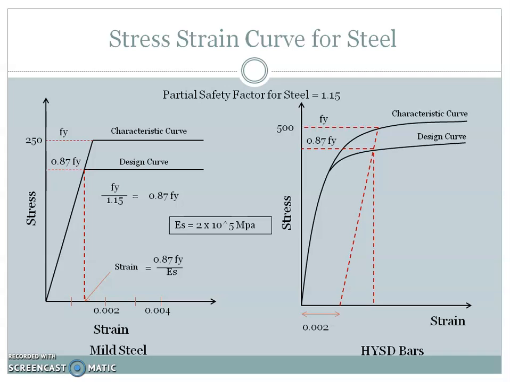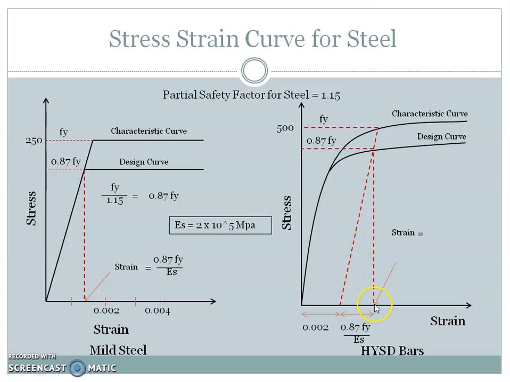If you look at this particular line, it almost behaves like mild steel, and hence its strain for this part will be 0.87 Fy upon Es. So due to this, it behaves like mild steel.